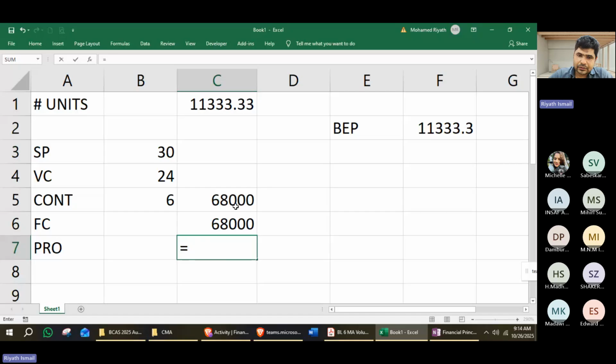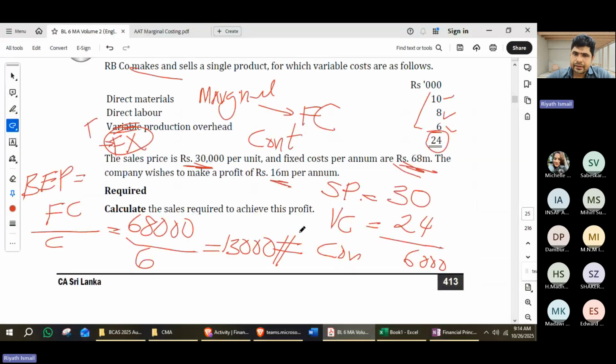And the profit equals 0, right? So the break-even point is this. Now the question is, the company wanted to make... here, so it should not be right. This is an incorrect answer, right?